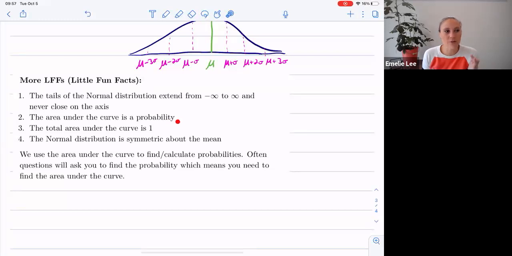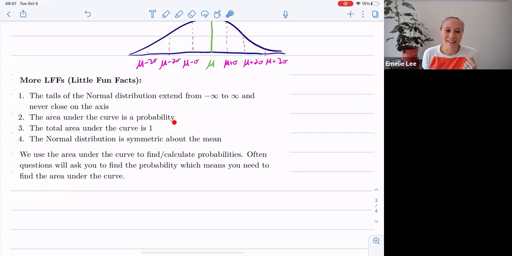Now, if you're thinking total area under the curve, you might be in Calc 2 right now, and you're thinking, oh man, do I have to integrate this or what? No, you don't. We're going to skip that part, but that's what we would be doing. So don't worry, we're not going to do that, not in this course.